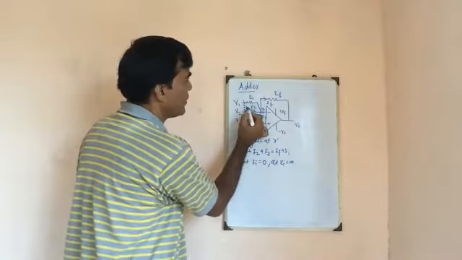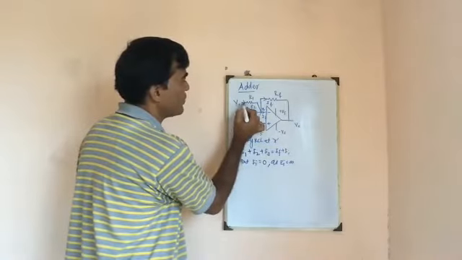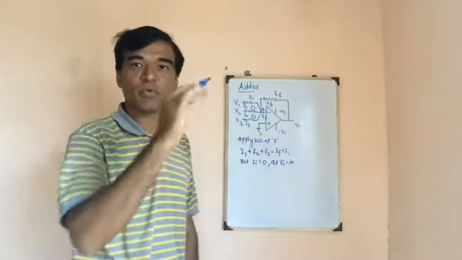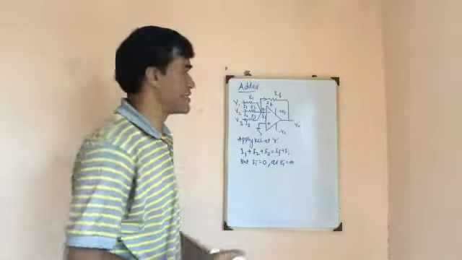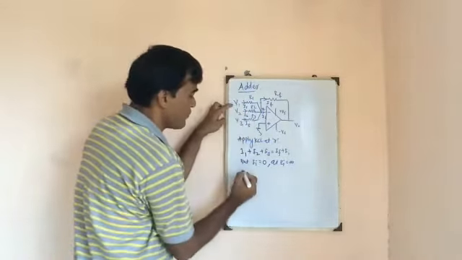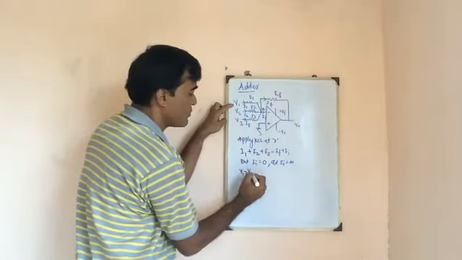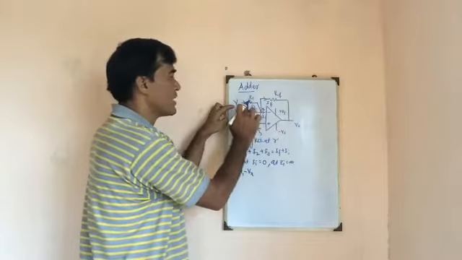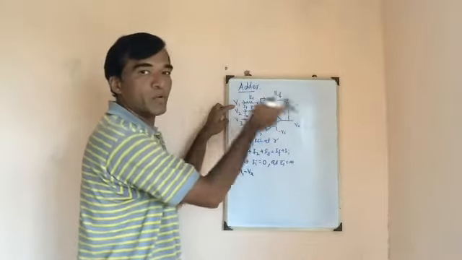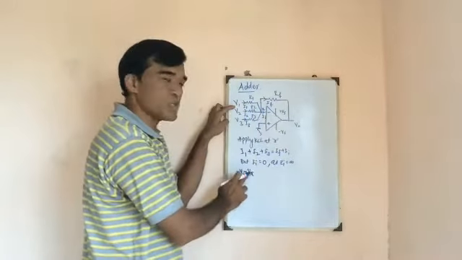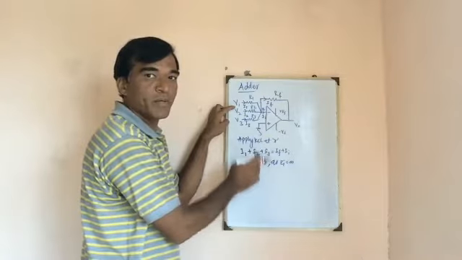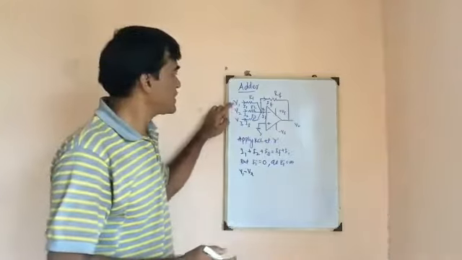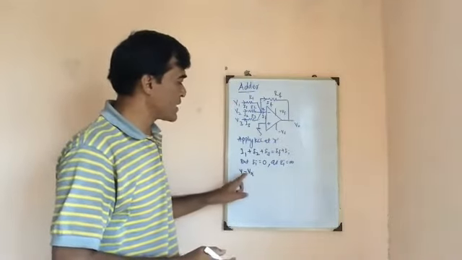I1, the current which is moving from V1 to the node X, and we know that current can be written as potential difference divided by the resistance. What is the potential difference? V1 minus Vx, where Vx is the voltage at node X. Current is moving from V1 to node X, hence V1 must be positive and Vx negative, because current always moves from higher voltage to lower voltage. Hence I should subtract Vx from V1.